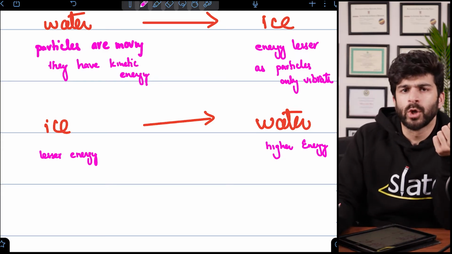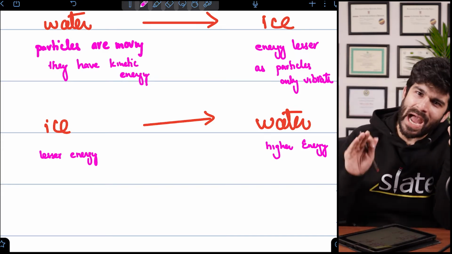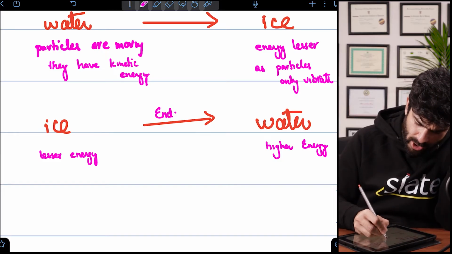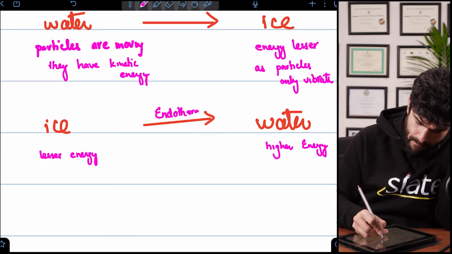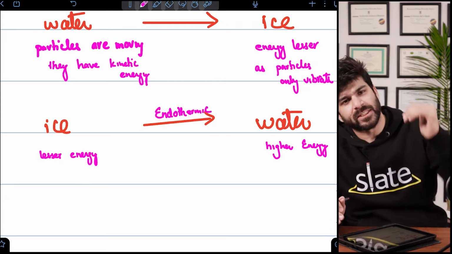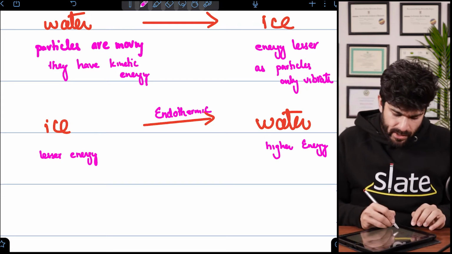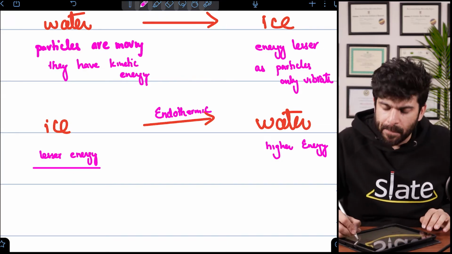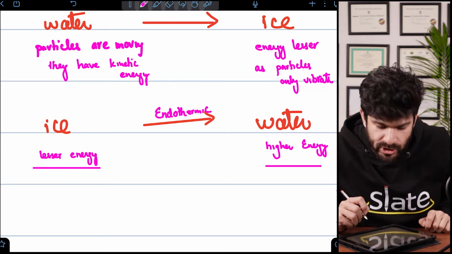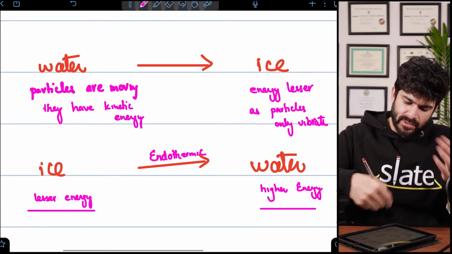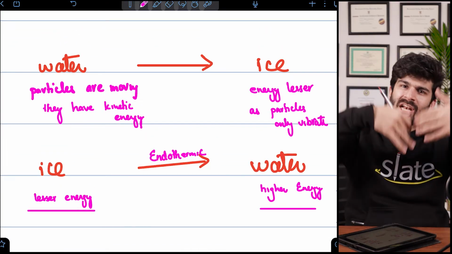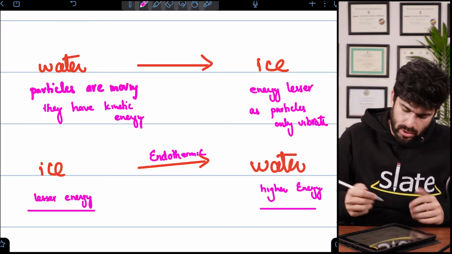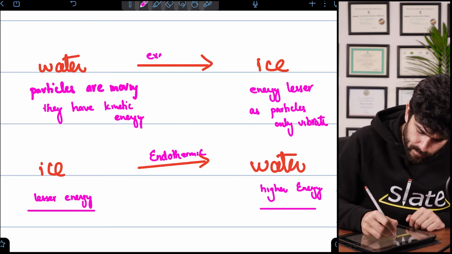Obviously, in order to melt ice, you need to add heat. So this would be an endothermic reaction. As we have added heat in the system, the reactants had a lesser energy and the products had a higher energy. And from water to ice, water particles will release energy because they have to stabilize in the ice structure. So this would be exo.